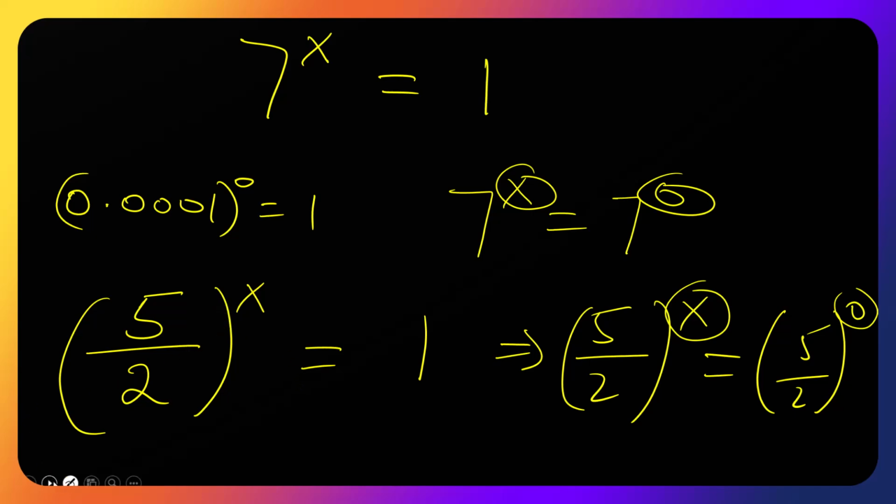Now let's move on to the next example. When you have 3 raised to square root of x equals 9, since we have the idea of equal bases, we can apply it here. We have 3 here, and this side we have 3 squared, which is 9.